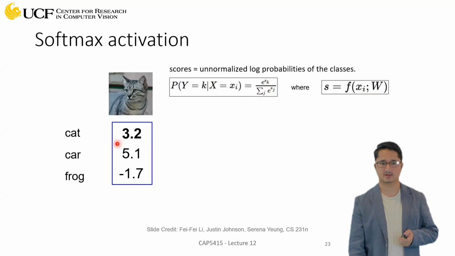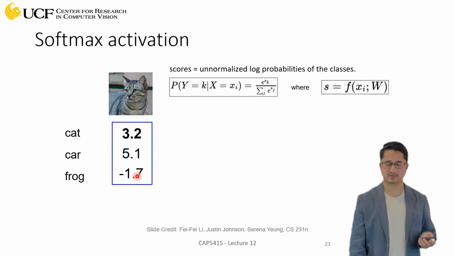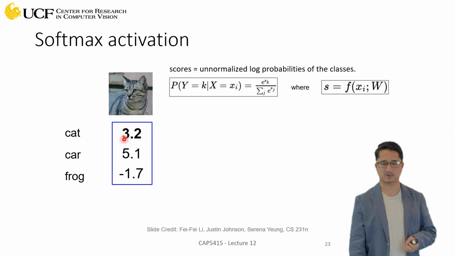So let's do that. If these 3 are your network predictions, and this was a cat, but your network predicts 3.2, 5.1, negative 1.7, how can I interpret this? I don't know. This is a negative value, so I can say, okay, frog is not present. This is 5.1, seems positive, so car could be present, right? But then cat is also 3.2.